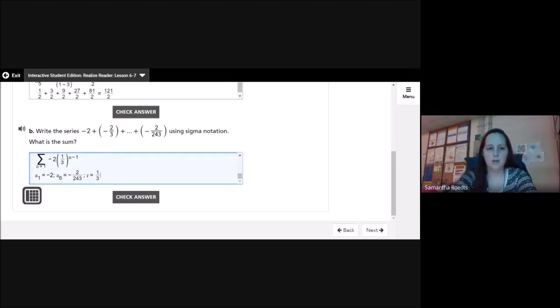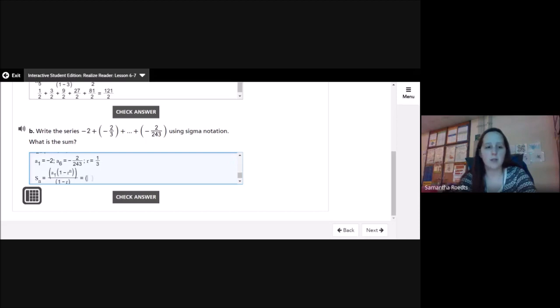And then s sub n equals a sub 1 times 1 minus r to the nth, divided by 1 minus r.